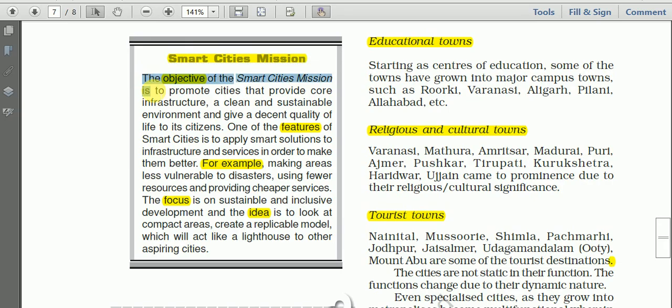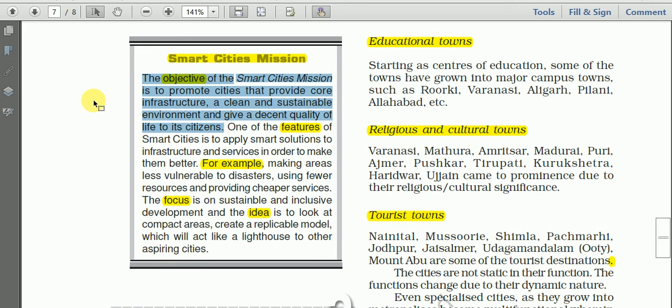Here the objective of the smart cities mission is to promote cities that provide core infrastructure, a clean and sustainable environment, and give a decent quality of life to its citizens.